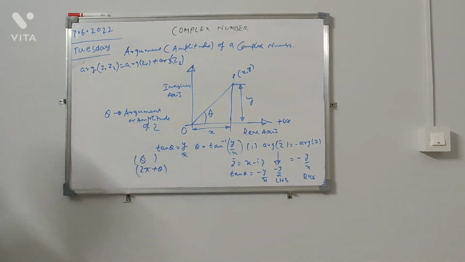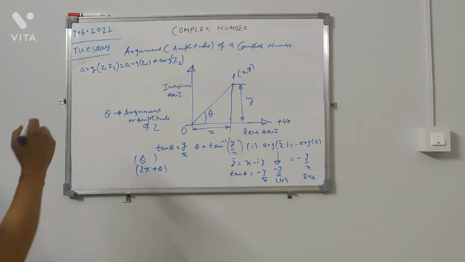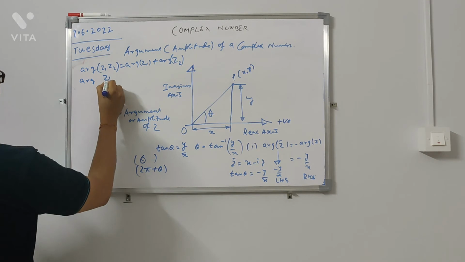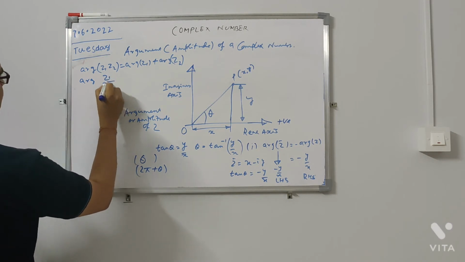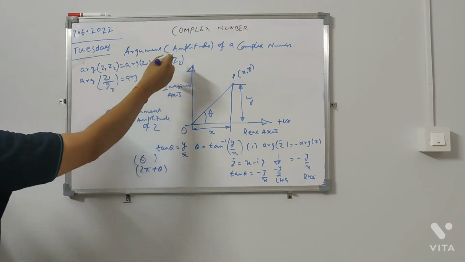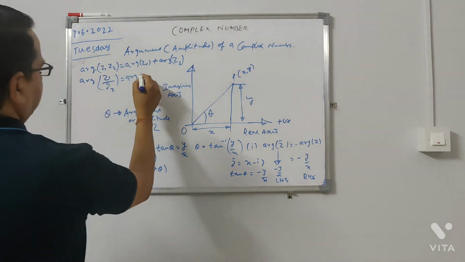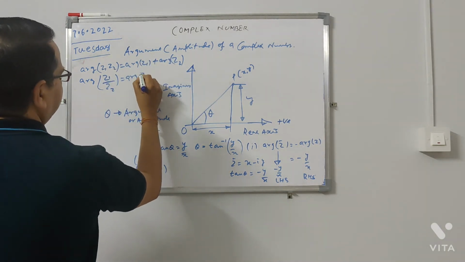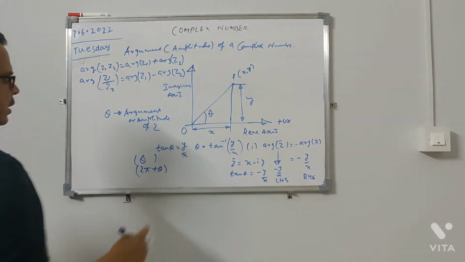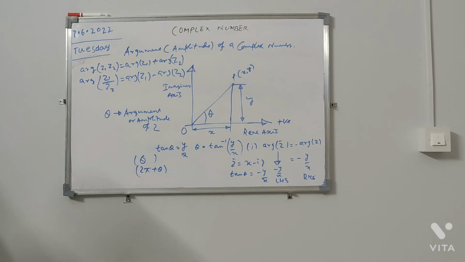Argument z1 z2 is equal to argument z1 plus argument z2. And argument z1 by z2 is equal to argument z1 minus argument z2. So multiplication is addition, like logarithm. So this is another interpretation.